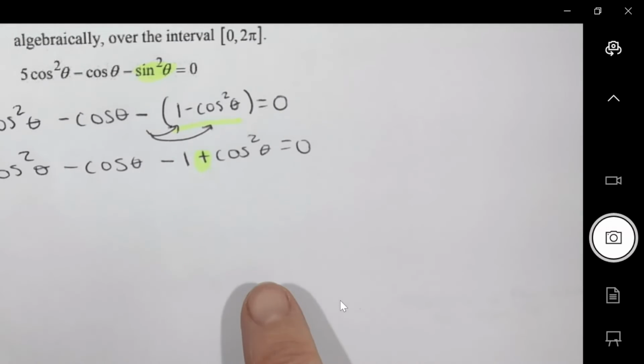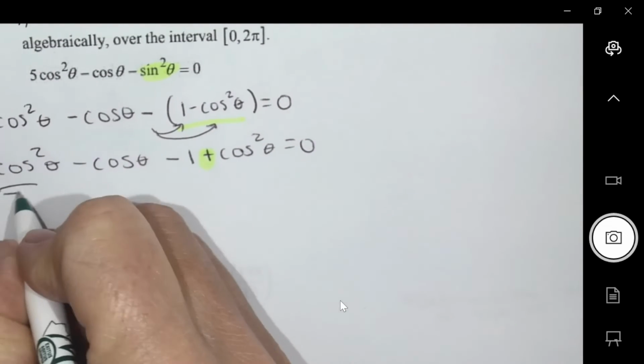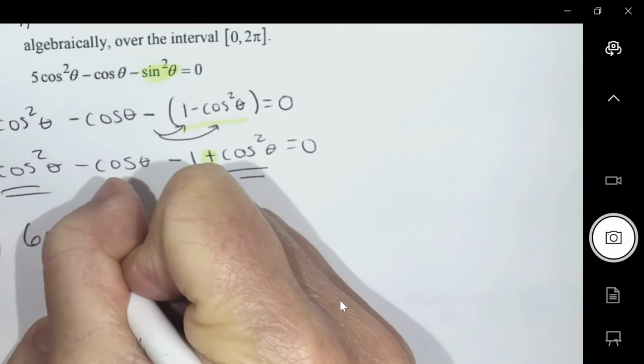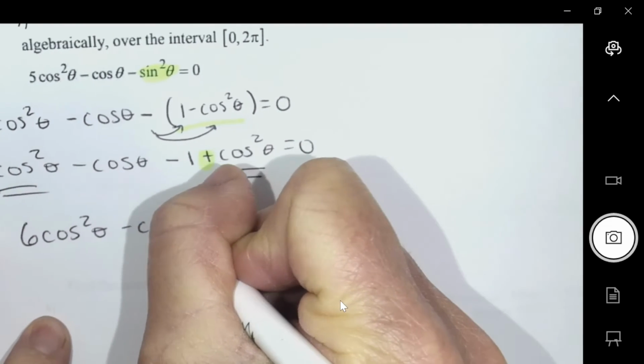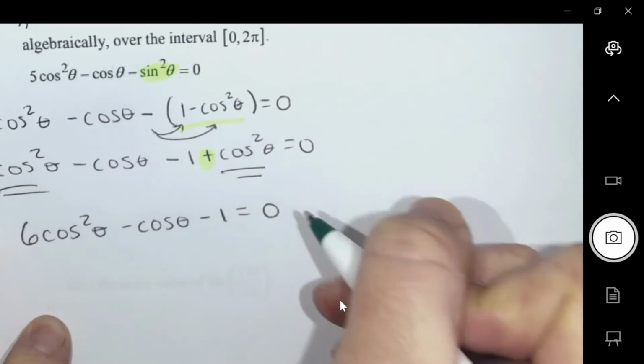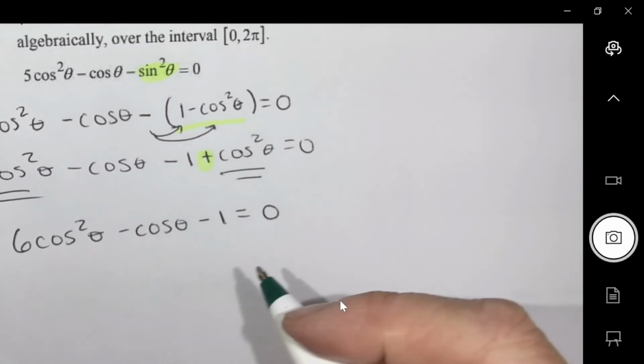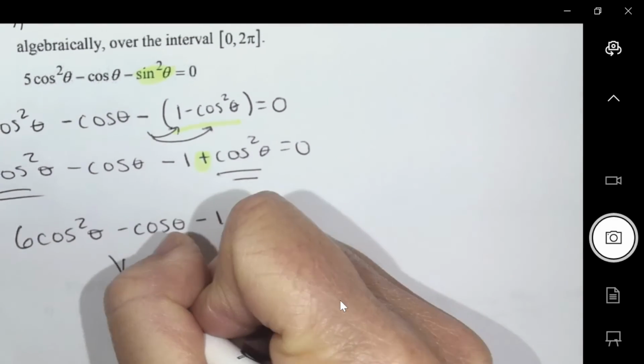Okay, ready? I'm going to now put those cos squareds just together. So 6. Okay, I think that we can factor this.